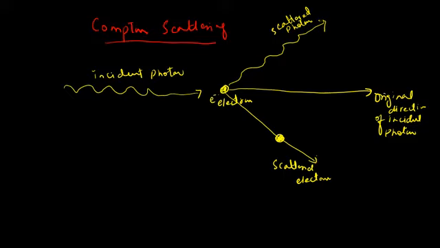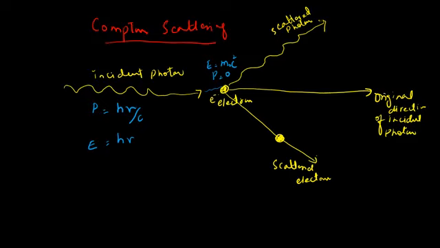As you have seen, here we consider two different photons, the incident photon and the scattered photon. The incident photon has momentum h mu divided by c, and it has energy E equals h mu. The electron, which is at rest, has initial momentum equal to 0 and rest mass energy m naught c square.